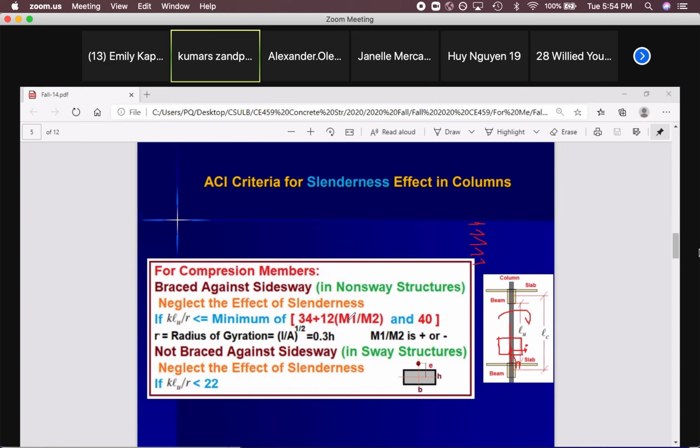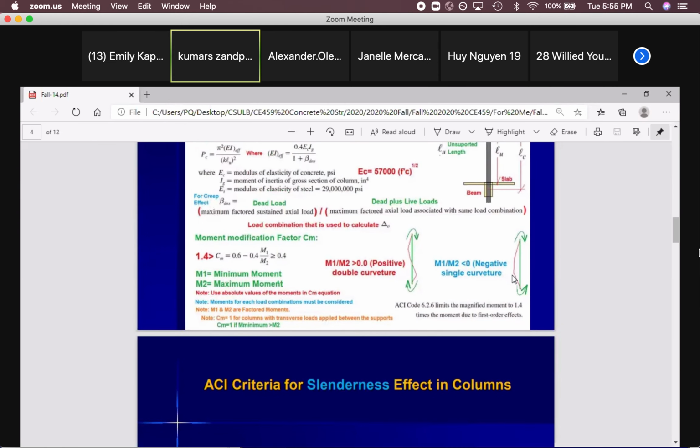Then calculate the minimum of these two: 34 plus 12 M1 over M2, and 40. Is M1 over M2 positive or negative? We learned that in the last lecture. If M1 and M2 create single curvature, it is negative.